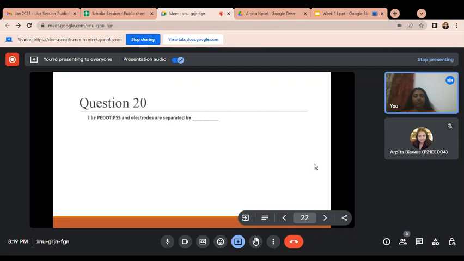So when we make the electrode on the PEDOT:PSS, the conducting polymer, it is separated by some layer. So now the question is, the PEDOT:PSS and electrodes are separated by dash.